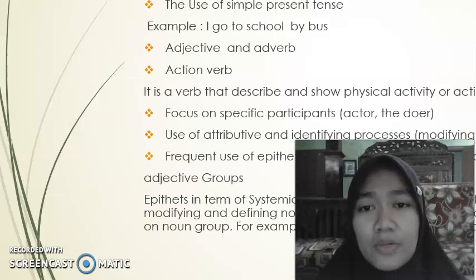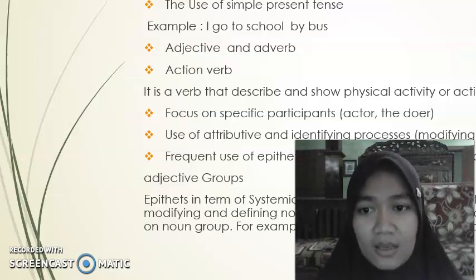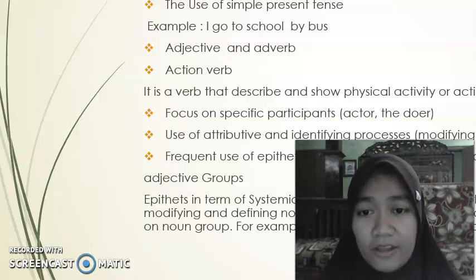And then, language features of descriptive text. The use of simple present tense. Example, I go to school by bus. Descriptive text uses simple present tense because descriptive text is factual. And then adjective and adverb.